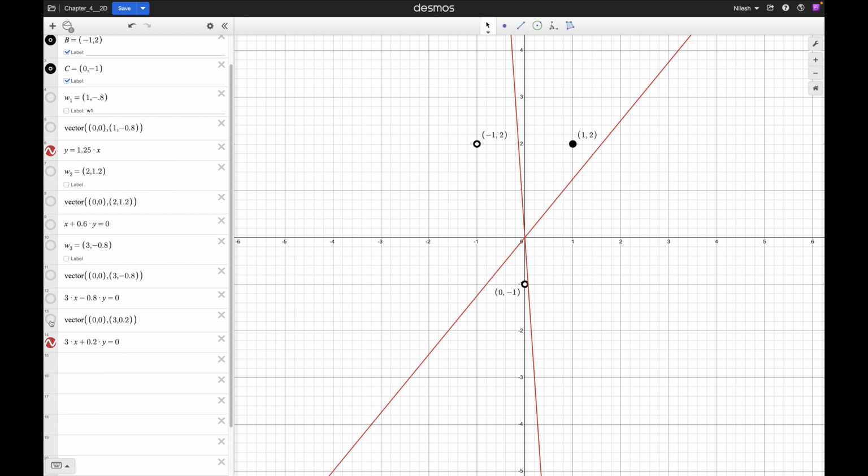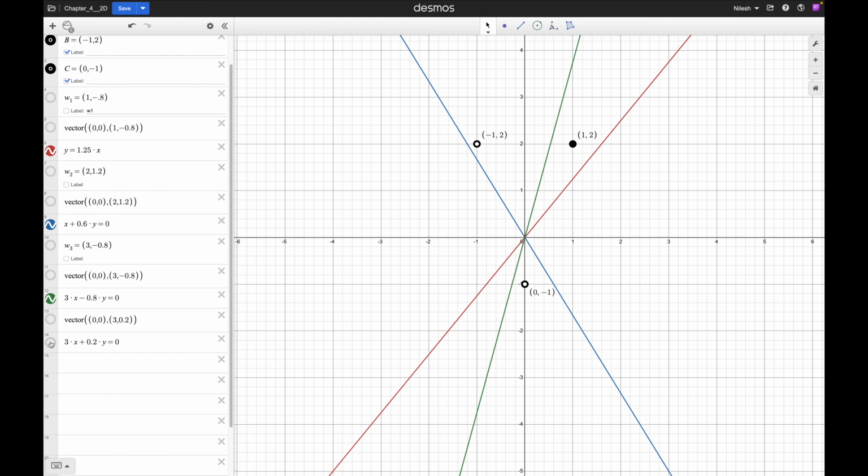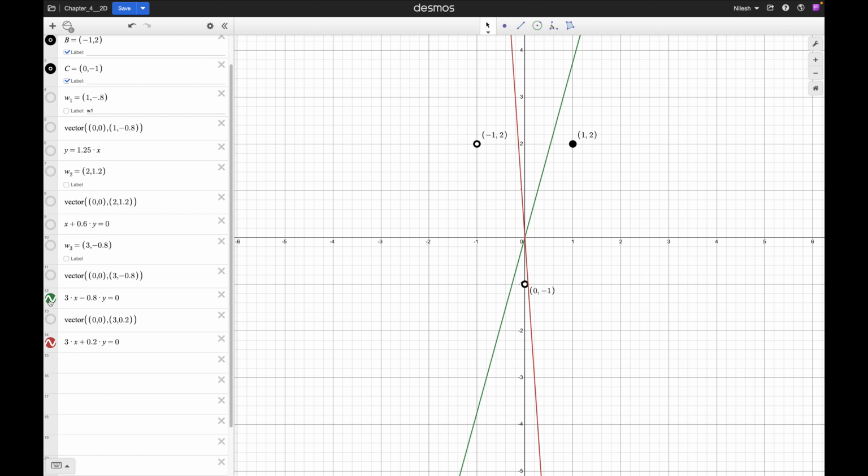For example, here this was our initial boundary, then we said, oh well, that doesn't work, then we found this boundary and that doesn't work, and we finally found a couple more, and that was the final decision boundary where we said, oh yes, that's the one that works.